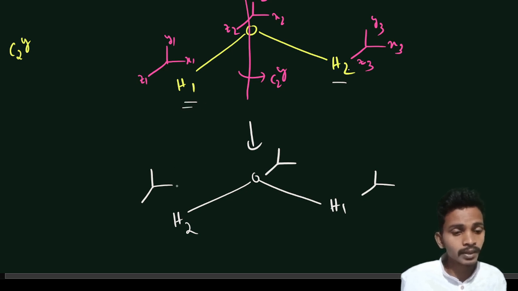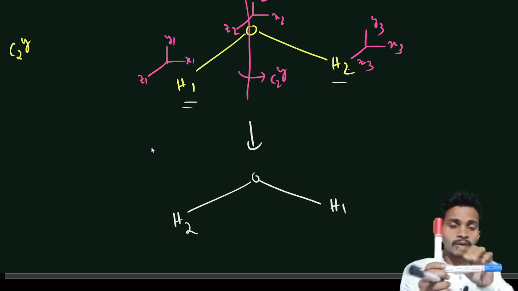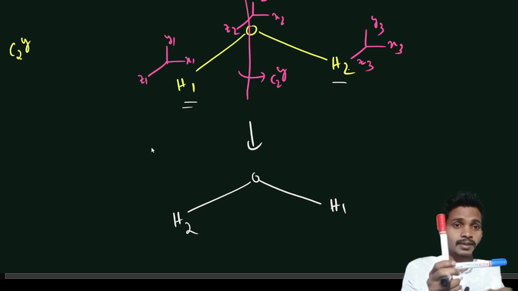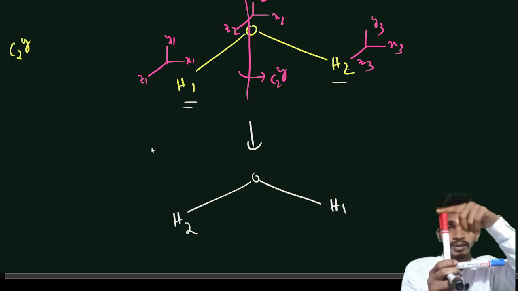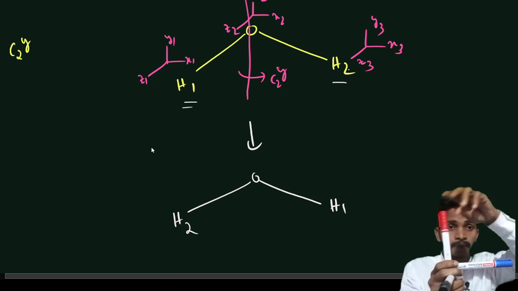It means that here x3 comes, but this gets interchanged. First the atoms have interchanged, and secondly, whatever is on the right side, this is the x-axis, this is the z-axis, this is the y-axis. I'm rotating along the y-axis, so this axis changes to this direction, meaning the x-axis becomes negative.